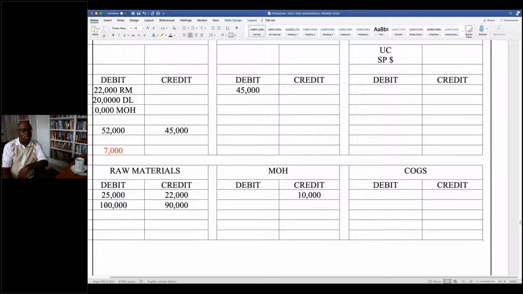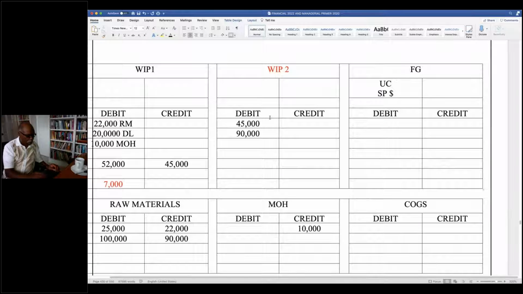So how much is left in raw materials now? The key thing is that the 45 transferred from work in process 1 becomes a raw material in work in process 2. Okay, that's a key thing.